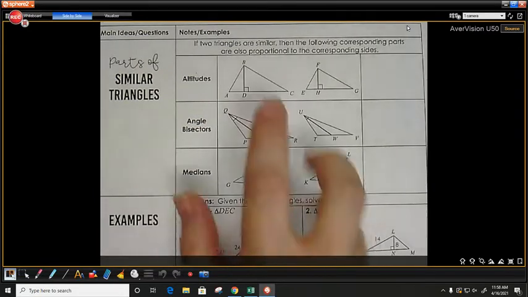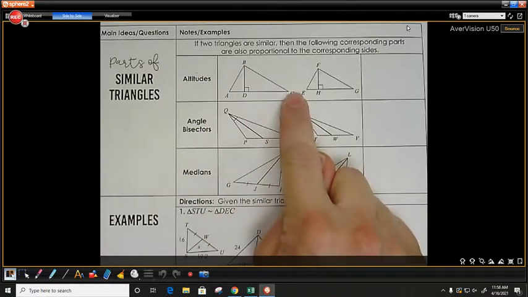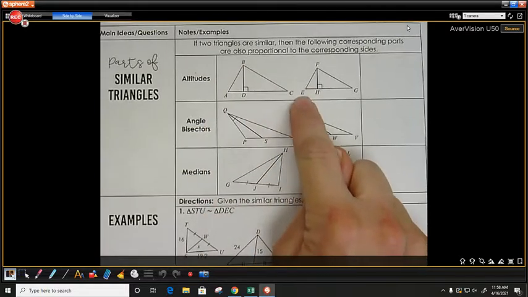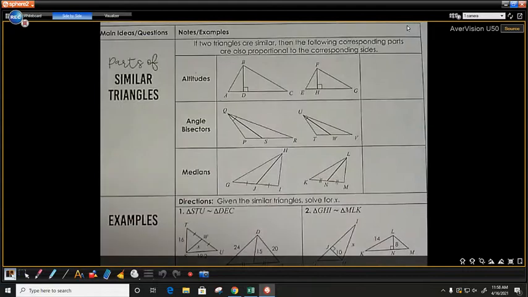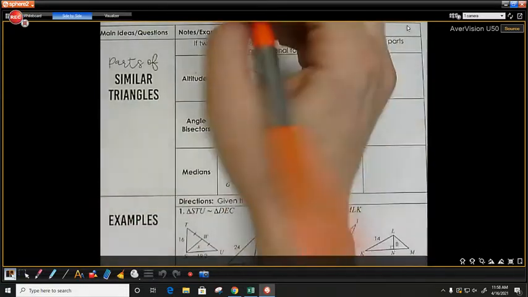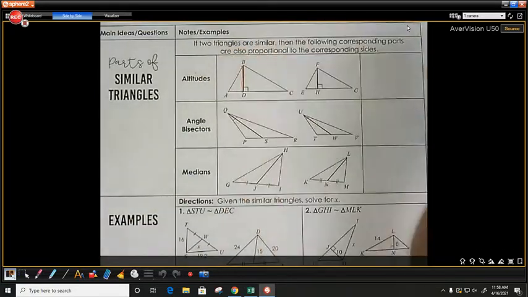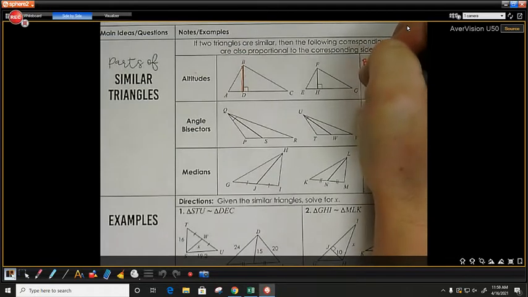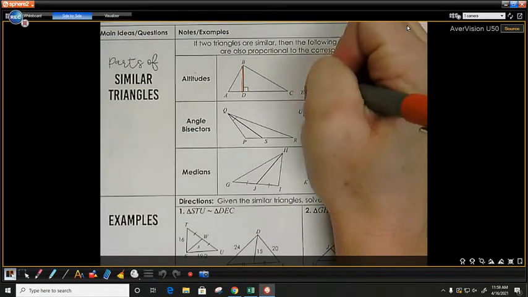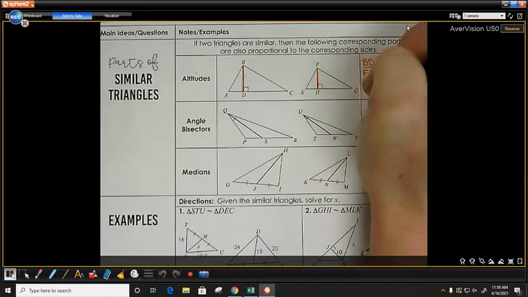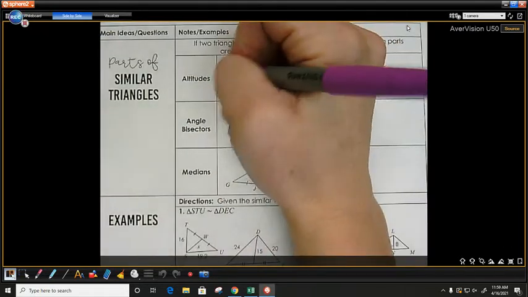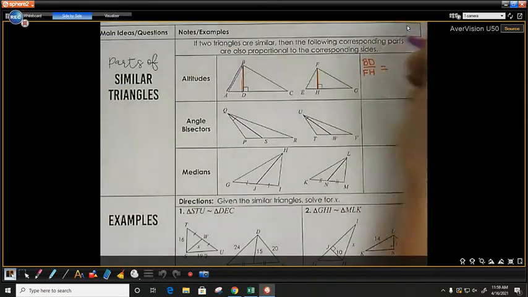So what that means is if triangle ABC is similar to triangle EFG, the altitude BD over the altitude FH is going to be equal to AB over EF.